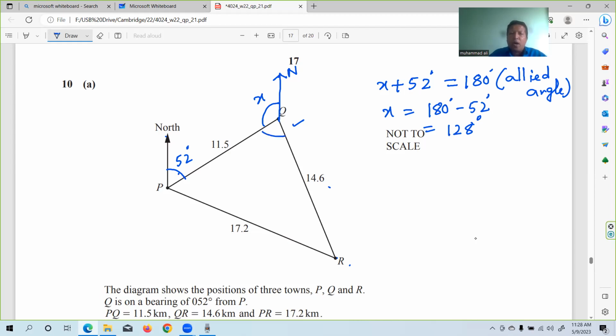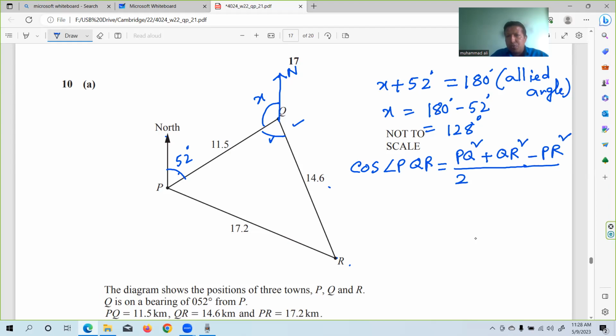After that, we have to find this angle PQR. It's not a right angle triangle. It has three sides. So if you want to find the angle PQR, we have to use the cosine rule. So cos angle PQR equals PQ squared plus QR squared minus PR squared, divided by 2 into PQ into QR.